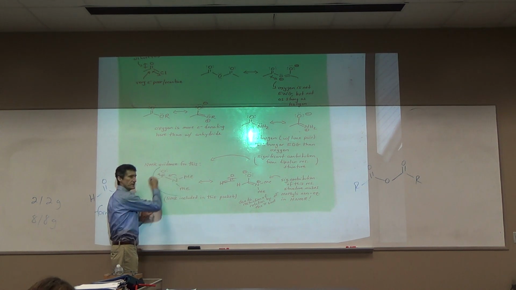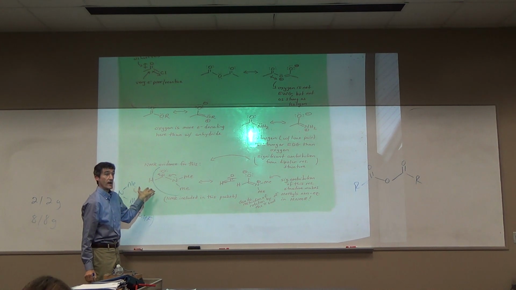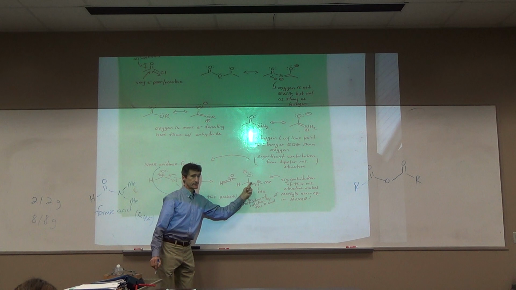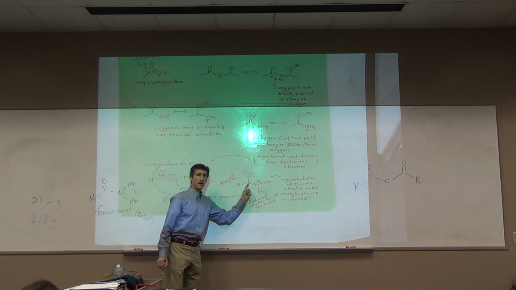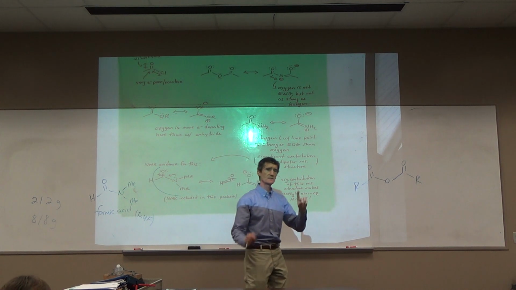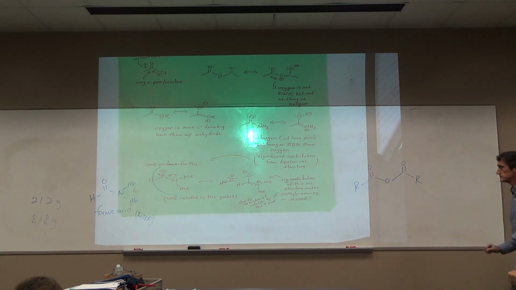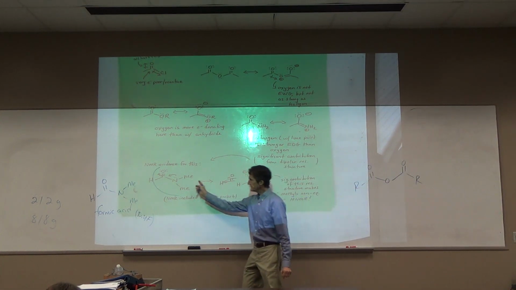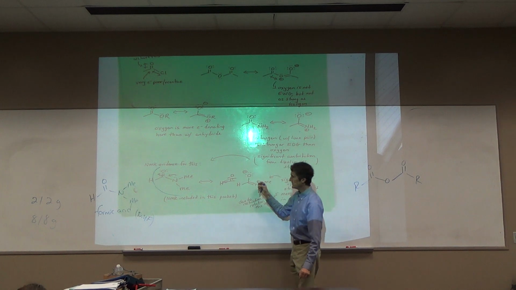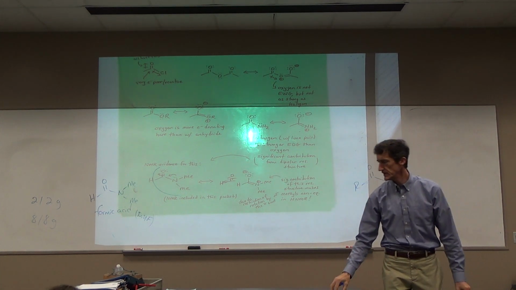Is there free rotation here? Like there should be. It's actually not. Why? Because of resonance. Resonance gives you high double bond character between the two. Resonance restricts the rotation, makes the methyls not equivalent. We see evidence of that in the NMR. Electron donation from the nitrogen into the carbonyl is an important thing. We'll see consequences of that later on.